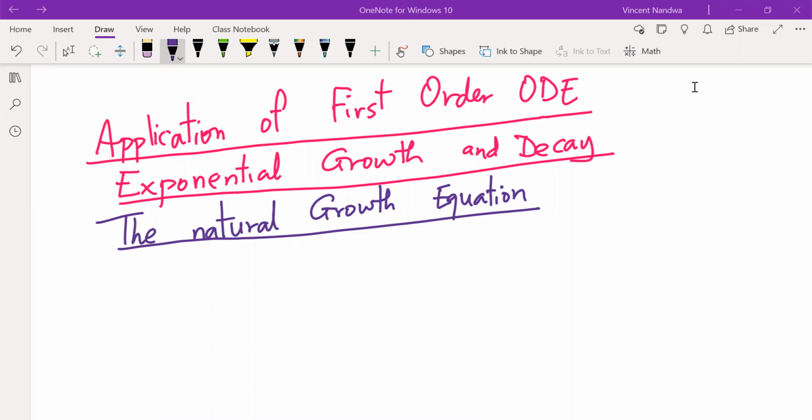This session we describe the exponential growth and decay equations, an application of first order ordinary differential equation.